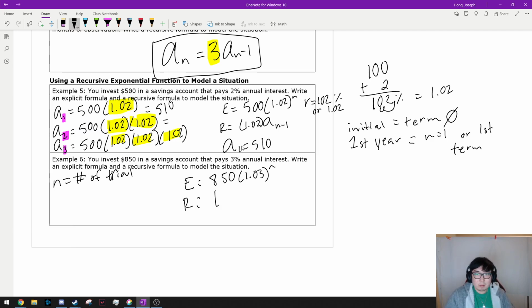The recursive formula is a_n = 1.03 times a_{n-1}. And I'm going to put parentheses here just because it's multiplying. Okay, and that's pretty much it. Oh, we have to write A1, which is the first term, is equal to $875.50.